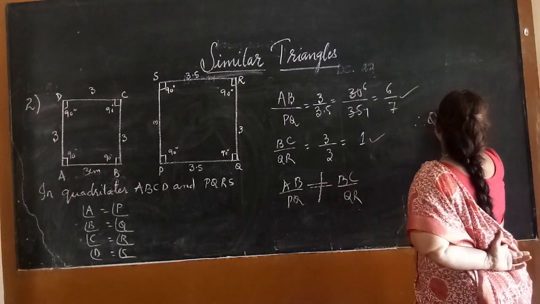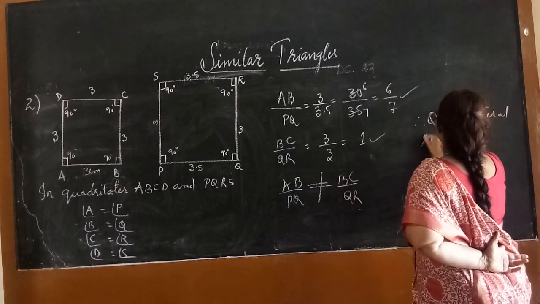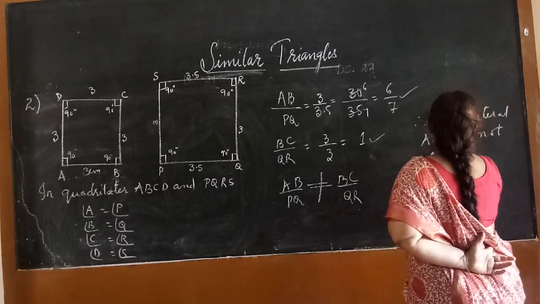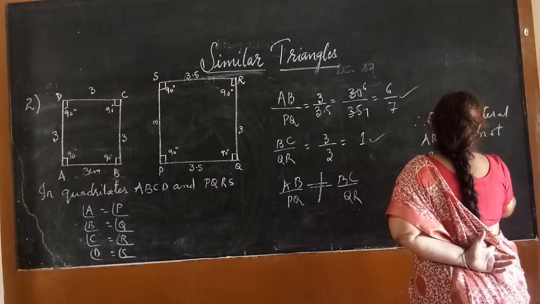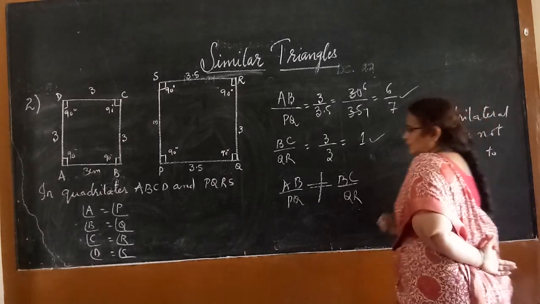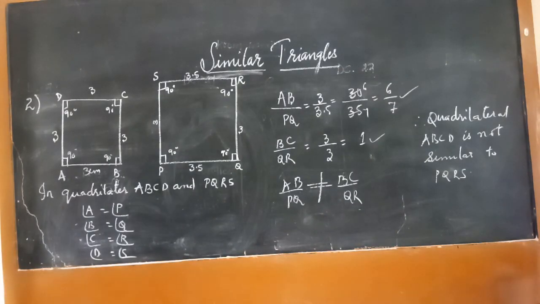Therefore, quadrilateral ABCD is not similar to PQRS. If you have to say the two figures are similar, both conditions must be satisfied.